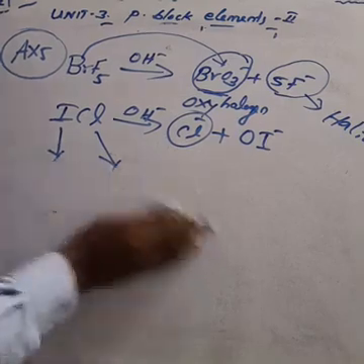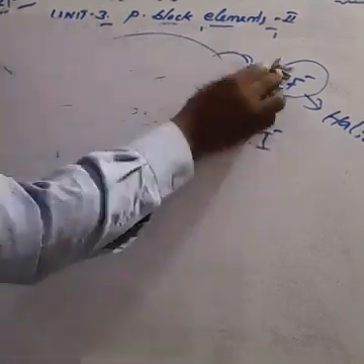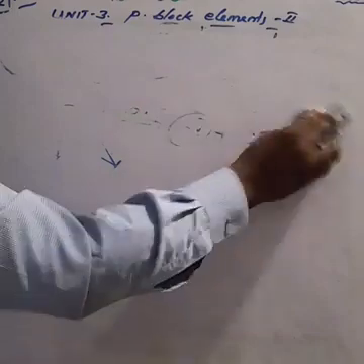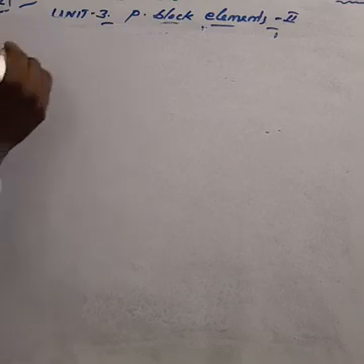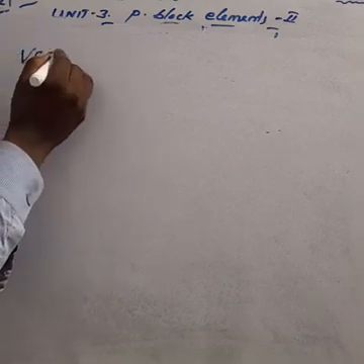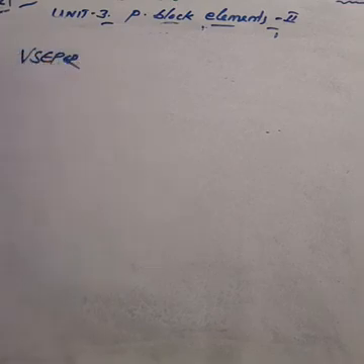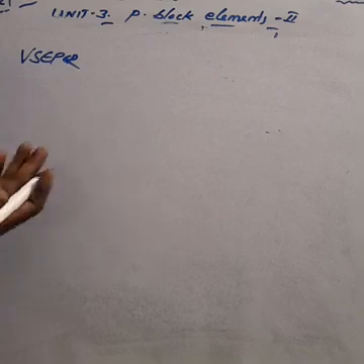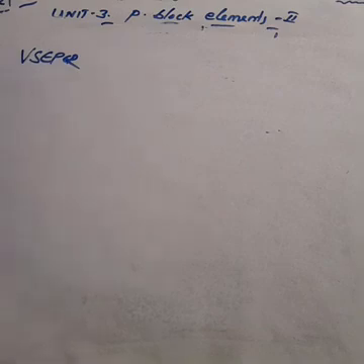Next, we learn about the structure of interhalogen compounds. What is the structure? According to VSEPR theory, valence shell electron pair repulsion theory, for the AX, AX3, AX5 and AX7 types, what is the structure?